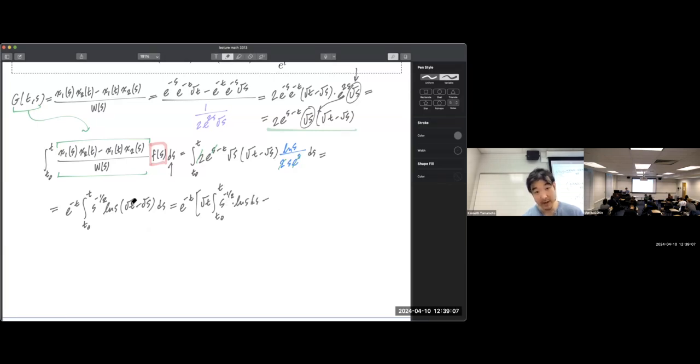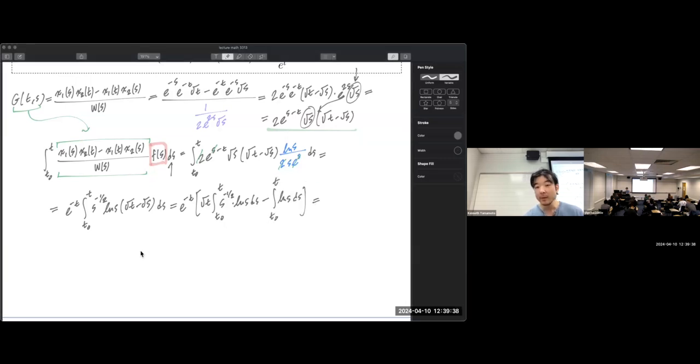And then minus this other one, the integral of, when I distribute, this s to the negative 1/2 and this square root of s combine to just become 1, because this is a positive 1/2 and this is a negative 1/2. So it really is just ln of s that's left, ds from t naught to t.